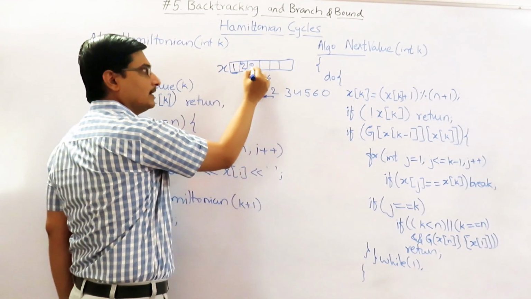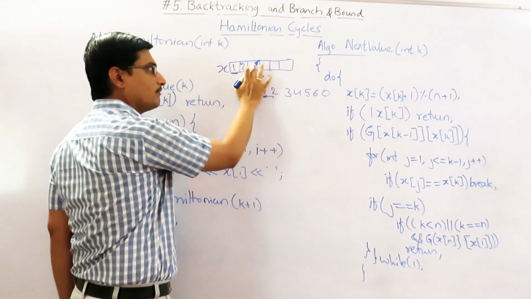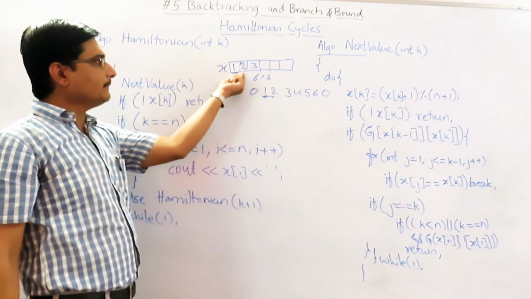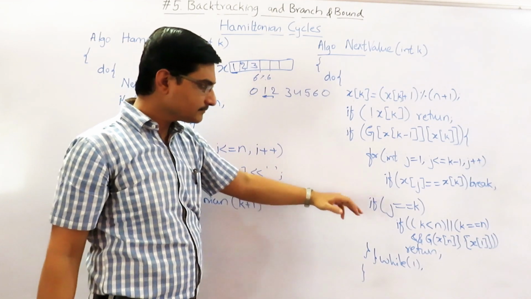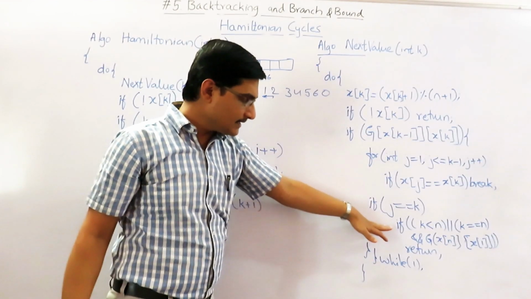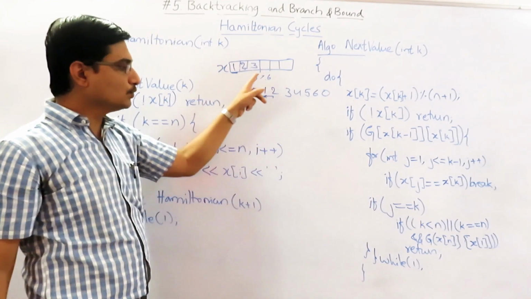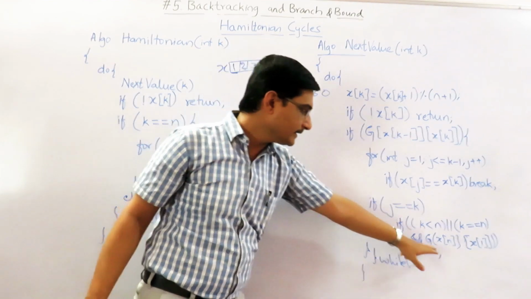Again it will go for 2, already there, so we should not go for 2. Then 3 is not there already, so we can consider 3. If 3 is considered, whether there is a path from 2 to 3, that we need to check. That is what it is doing.